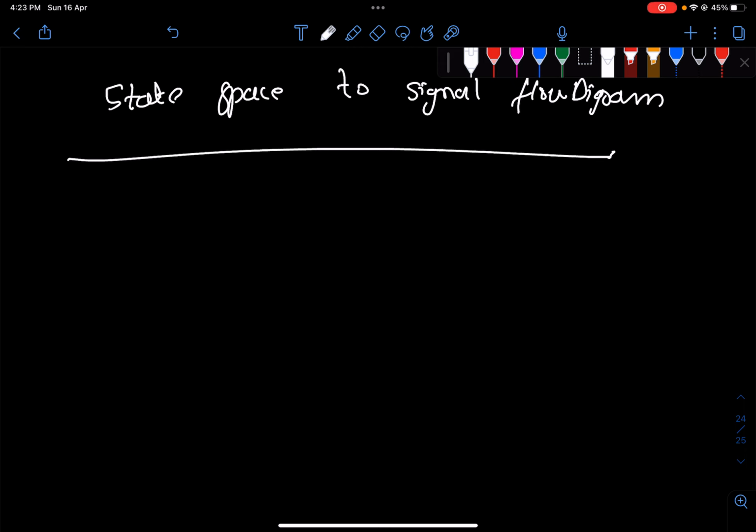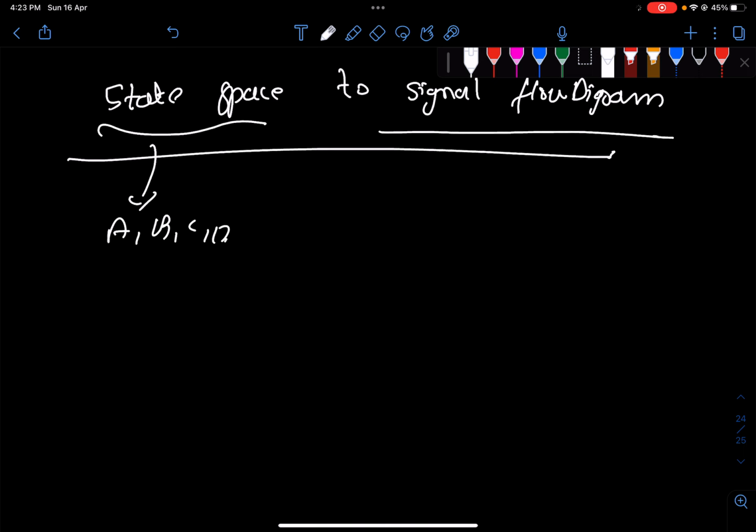So from state space means what? A, B, C, D will be given. You have to draw a signal flow diagram for that one. That's our aim, right? Let me take some example for you.